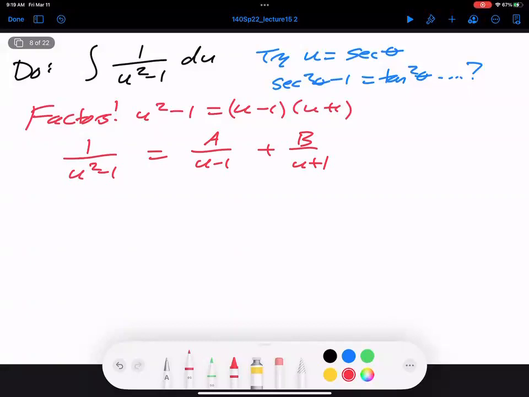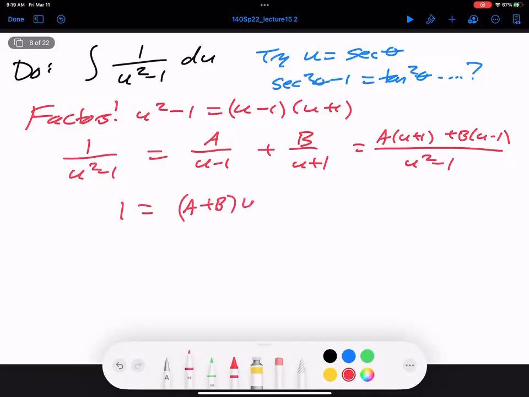And so now when we cross multiply, we get A(u plus 1) plus B(u minus 1) over u squared minus 1. So 1 is equal to (A plus B) times u plus (A minus B). And this is true for all u. Because it's true for all u, what's a good value of u to try? 0.